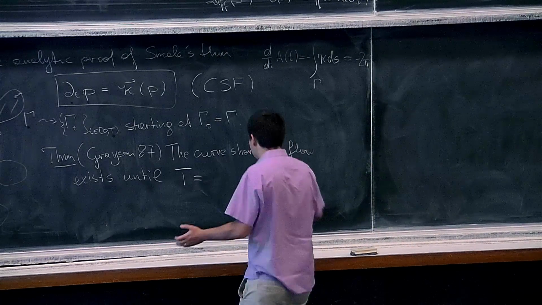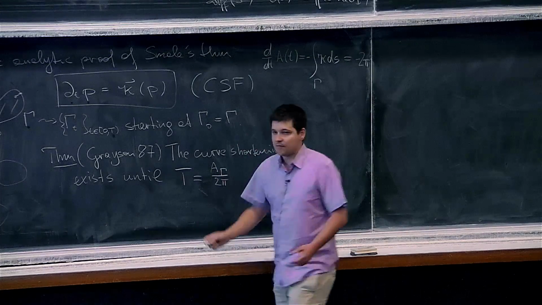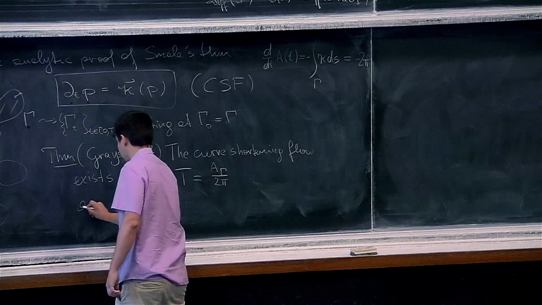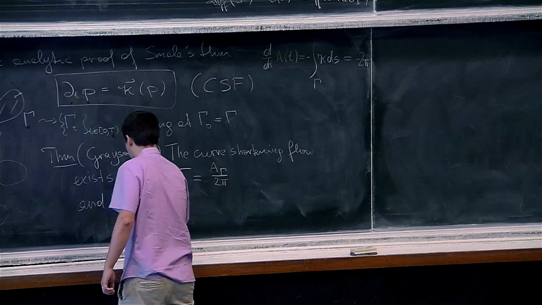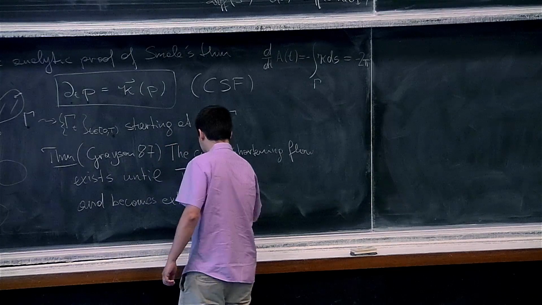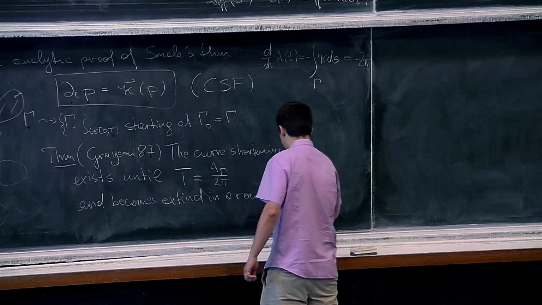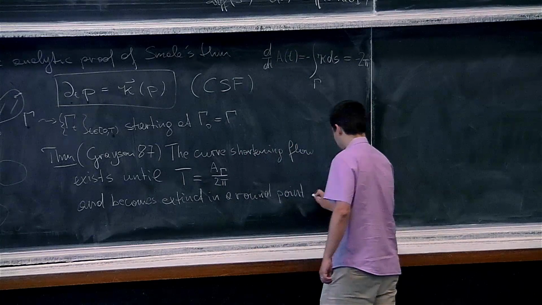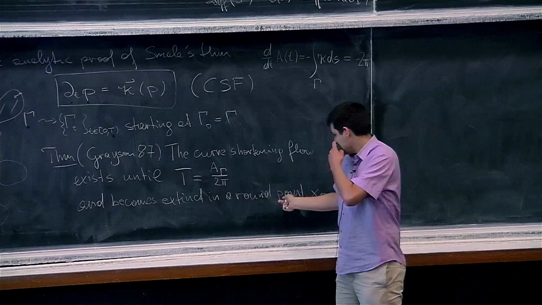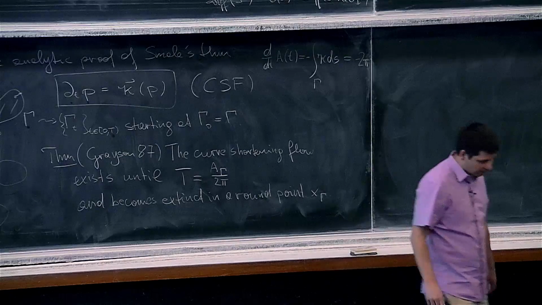And Grayson's theorem says it indeed exists until this maximal time, and it becomes extinct in a round point. Let me call the point x depending on the initial curve, and what I mean here is that after rescaling to unit size, you converge to a round circle.